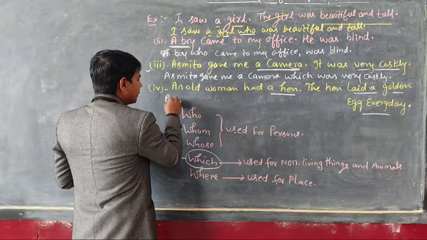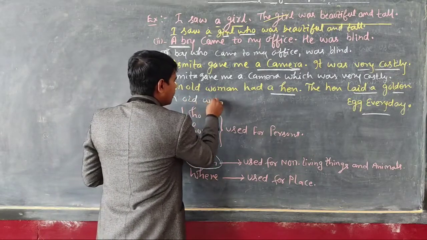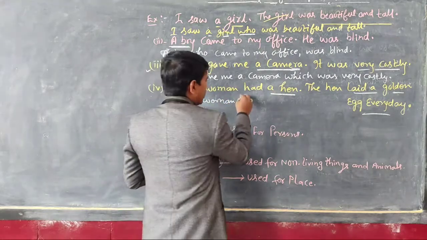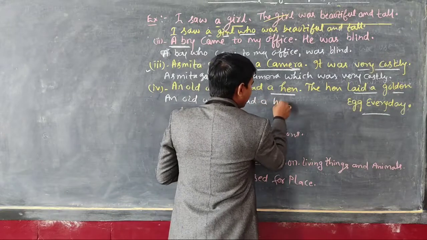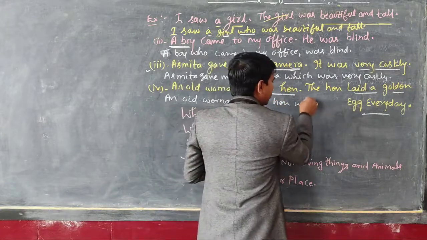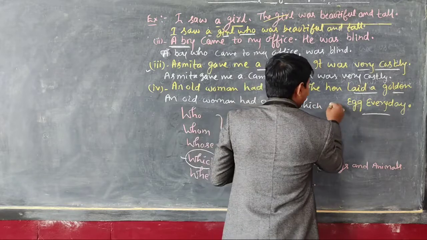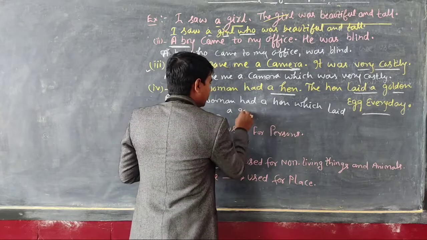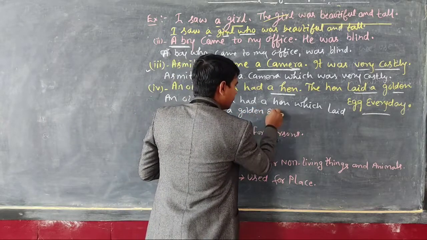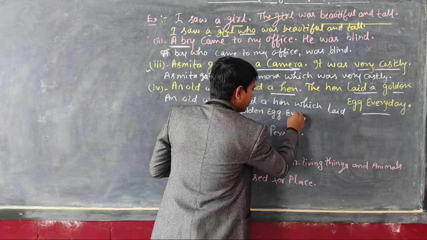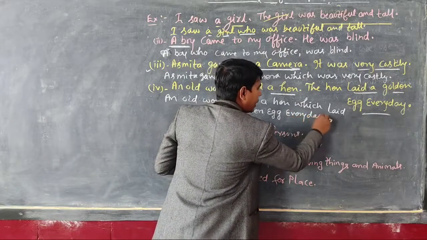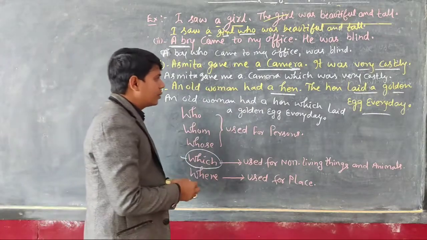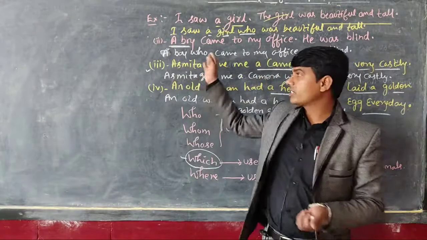So we write: An old woman had a hen which laid a golden egg every day. I hope you have got all these points very well.